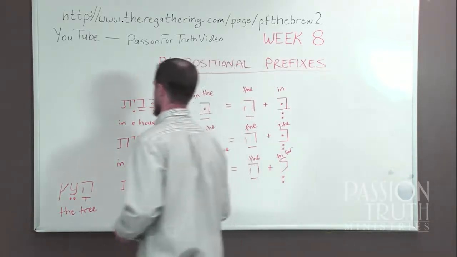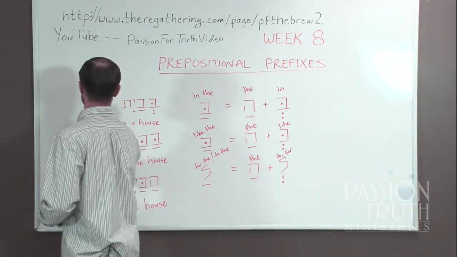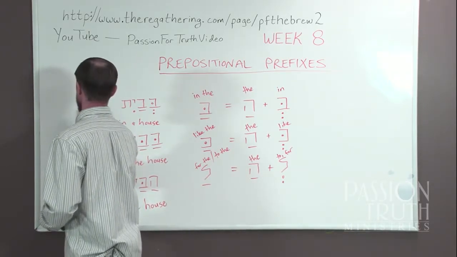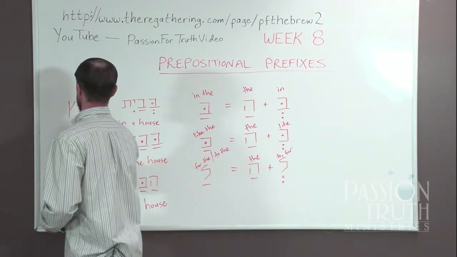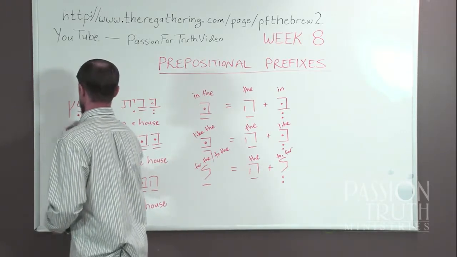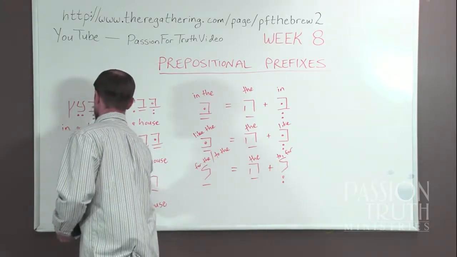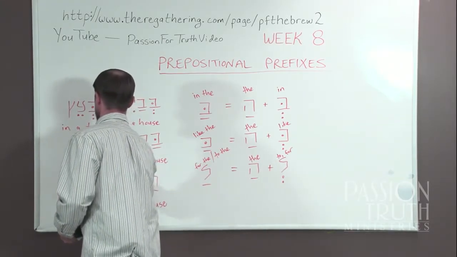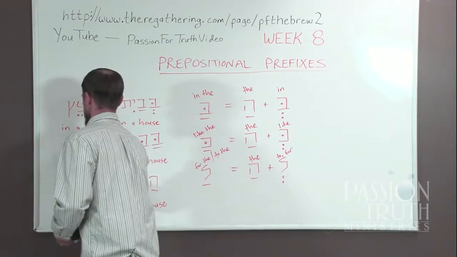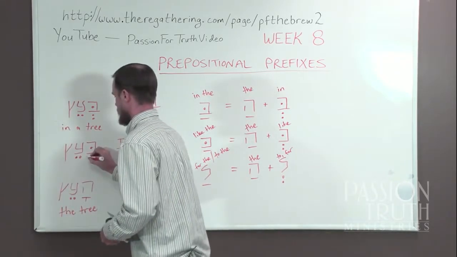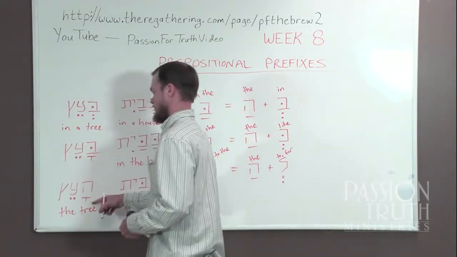So if we were to say in the tree, just in a tree would be ba'etz. In the tree, however, still pronounced ba'etz in our Sephardic dialect, but instead of a patach, we use the kametz just like we would use the kametz with the hey.